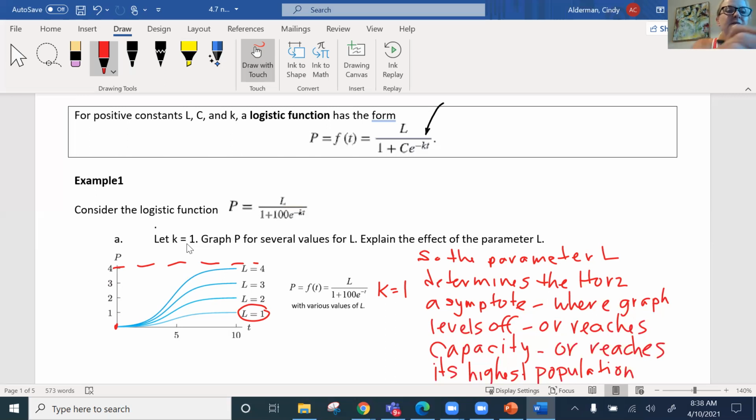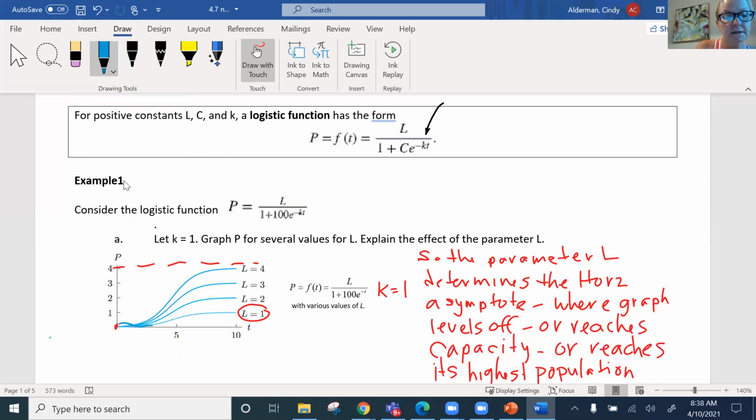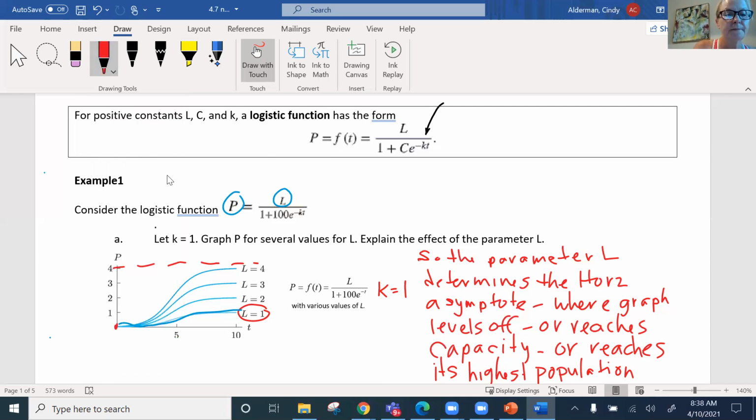So again, on each of these graphs, what I've done is for this one, I've made L equal 1, and then determined what P is, right? And each time the P, of course, is the Y value, that would be the horizontal asymptote. So basically the numerator or the L parameter moves the horizontal asymptote up or down.